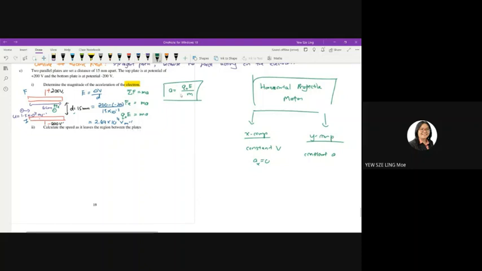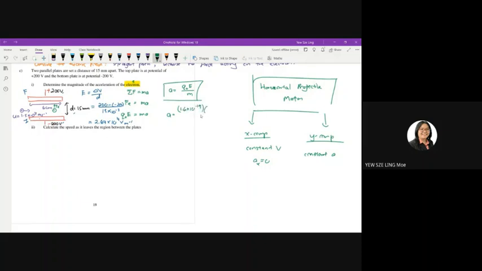You can then apply the equation to calculate the acceleration. So a equals, now Q0, you have an electron, so it is the elementary charge. You can get the value from the list of constants. So Q0 equals 1.6 times 10 to the power of negative 19.